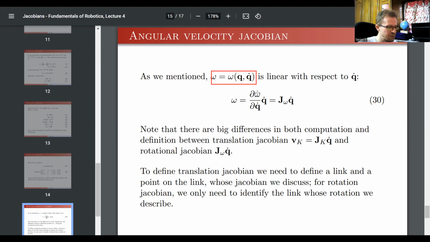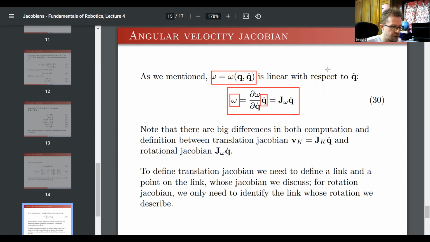So we can take a derivative with respect to q dot here, and you can multiply it back by q dot, and you would get this Jacobian representation, and it would actually be correct. Since omega is linear with respect to q dot, you can take the derivative of omega with respect to q dot, and you would get a linear map that basically maps q dots to omegas for this particular rigid body.